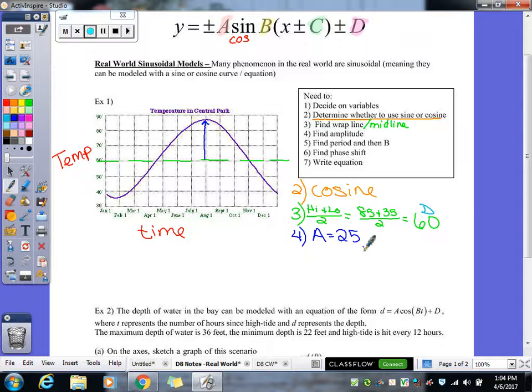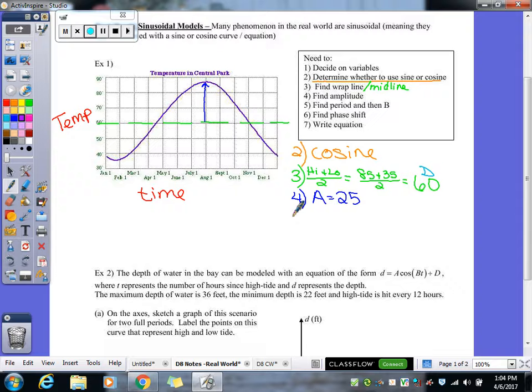All right, next one, we have to find our period, and then we have to find B. So for this one, our period is 12 because we're dealing with the 12 months of the year. So our period is 12. So then for our B value, take my period, set it equal to my period formula, 2 pi over B. Let's have you go ahead, cross multiply.